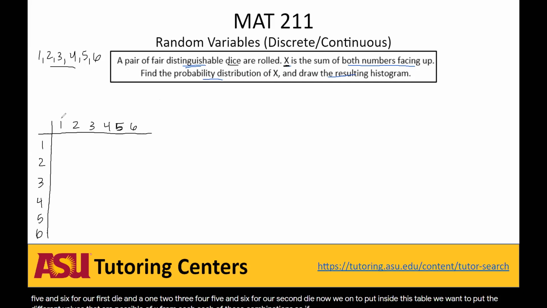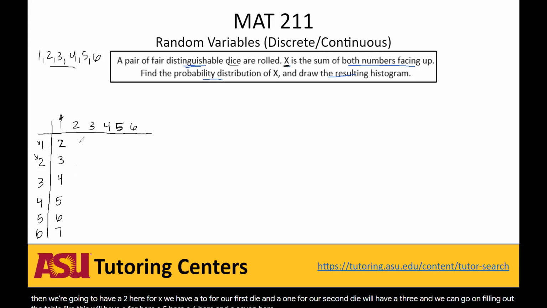If we have 1 and 1, so our first die is 1 and our second die is 1, then we're going to have a 2 here for X. Similarly, if we have a 2 for our first die and a 1 for our second die, we'll have a 3. We can go on filling out the table like this. We'll have a 4 here, a 5, a 6, and a 7.